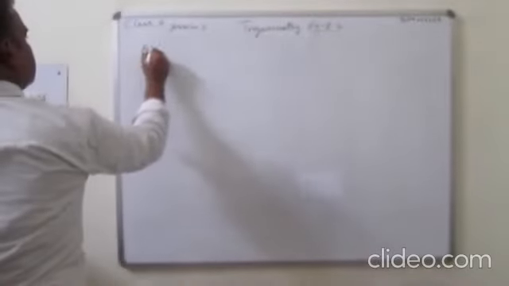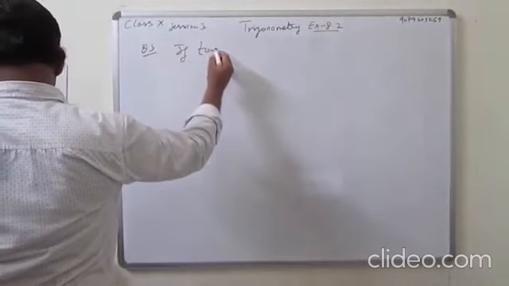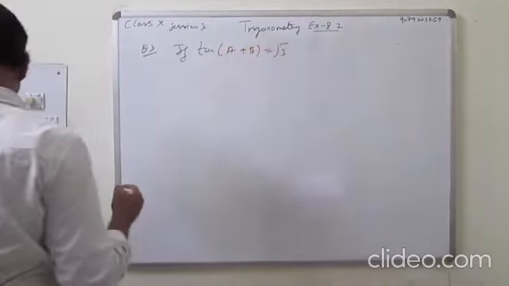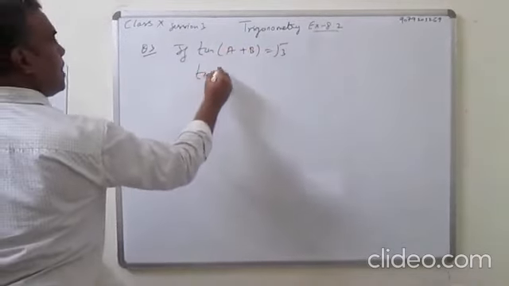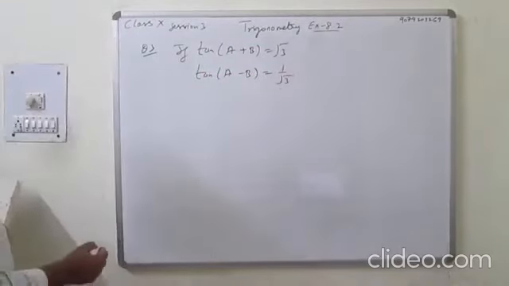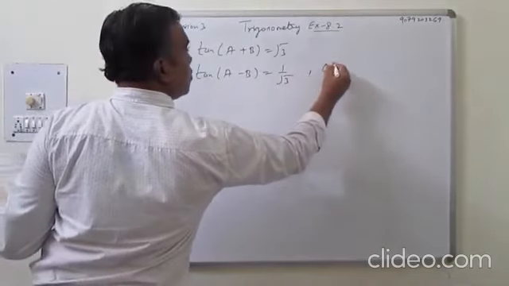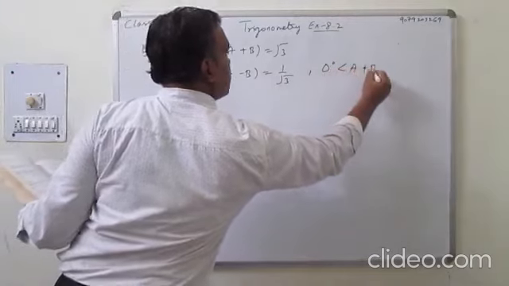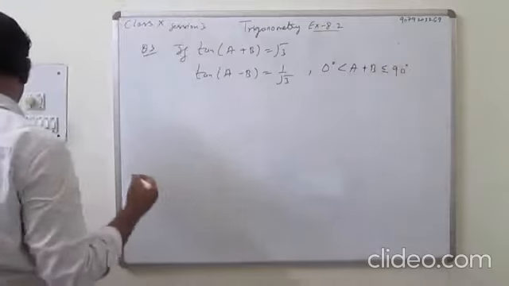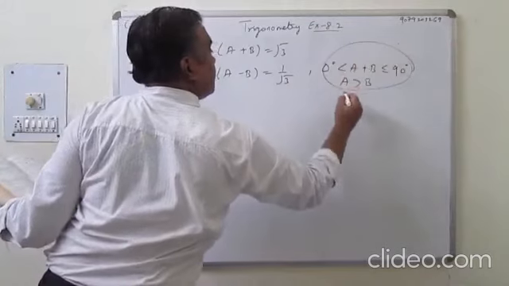Question third. If tan A plus B is equal to root 3 and tan A minus B is 1 by root 3, and this is given to you: 0 degree is less than or equal to A plus B, less than or equal to 90 degree, and A is greater than B. This is the condition.